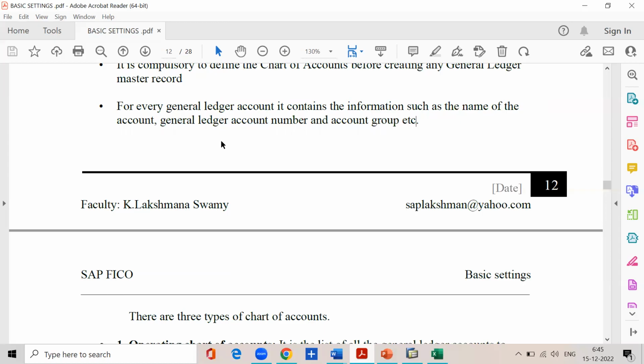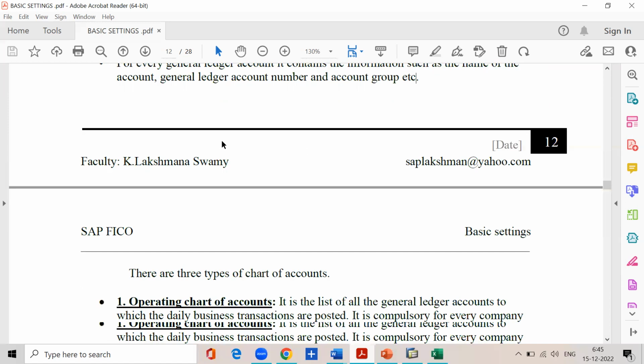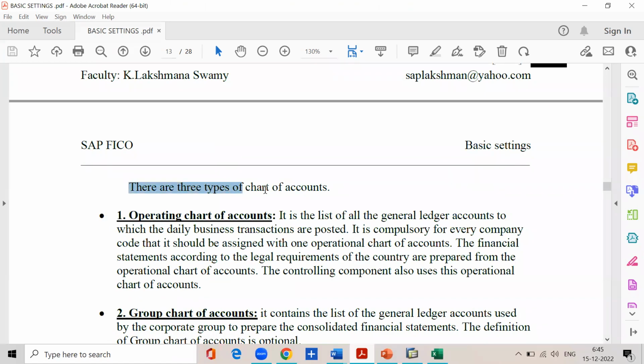That is called GL account number, or sometimes GL account code. So for every ledger account, the chart of accounts contains information like GL account number, GL account name, and the account group. So what is the account group? It comes in the next step.